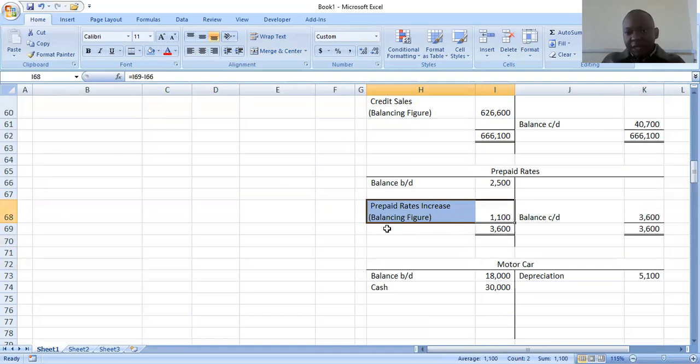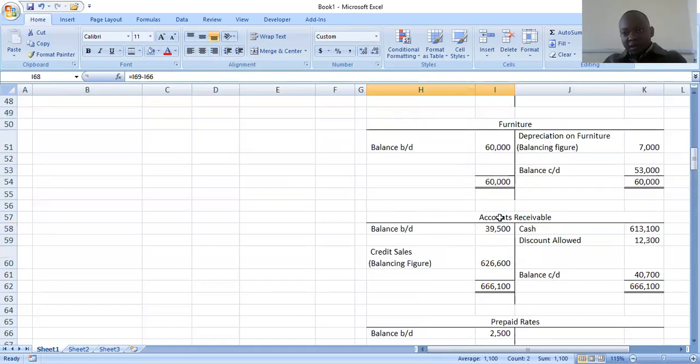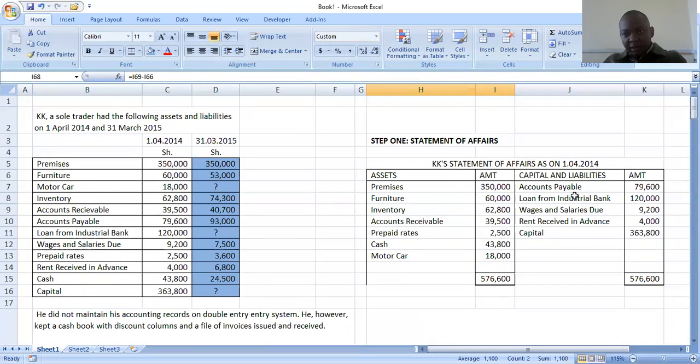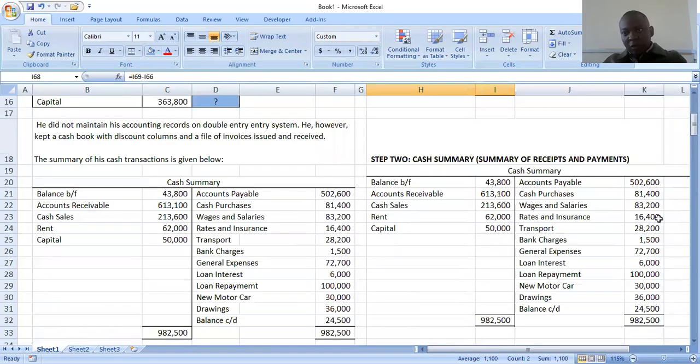So you have still prepaid 1,100 during the current year, but we posted it in the rates and insurance account, as you can see now here. We took it to the rates and insurance account, which was wrong. It was supposed to go to the prepaid rates account.